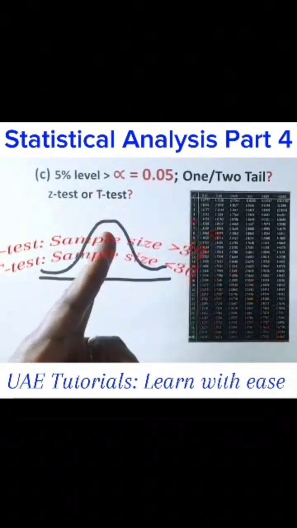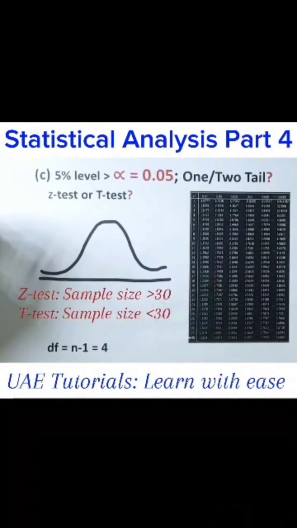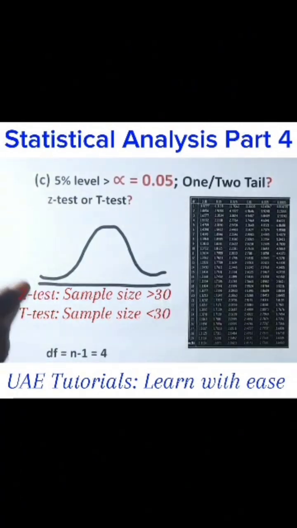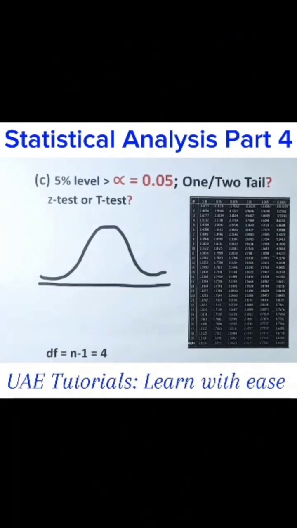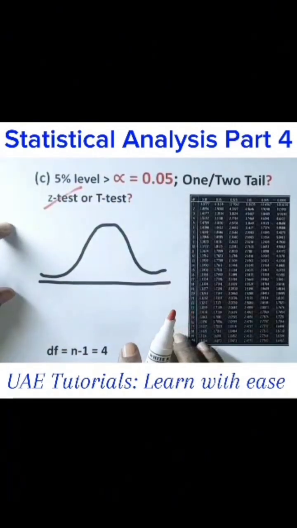Well, you're using a z-test if the sample size is greater than 30 and the population variance is known, or you use a t-test if the sample size is less than 30 and the variance is not given. So in this case, the samples are just 5 that the researcher collected. So it is very clear we are using a t-test and not a z-test. So we strike off the z-test.